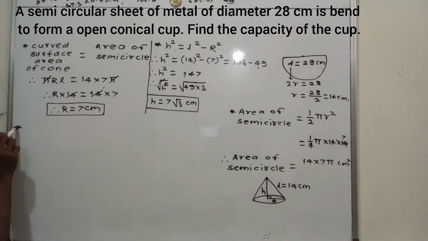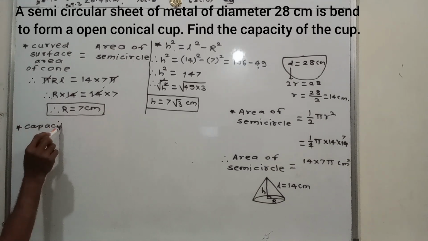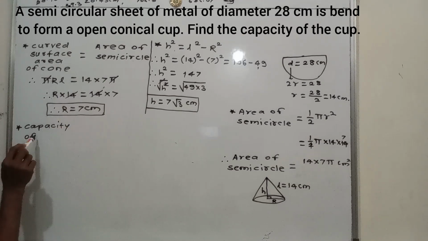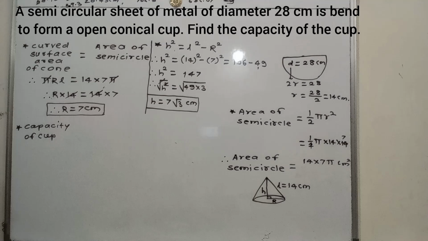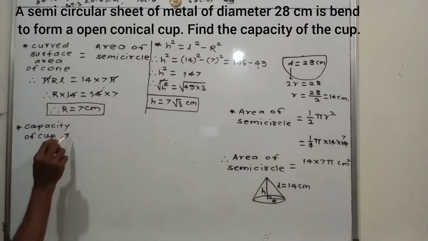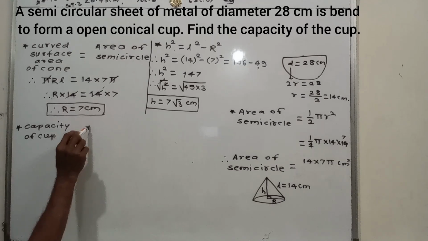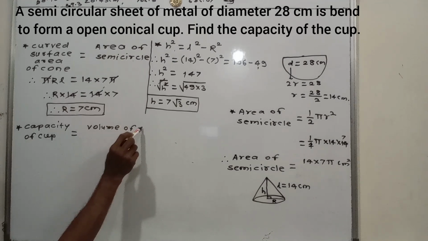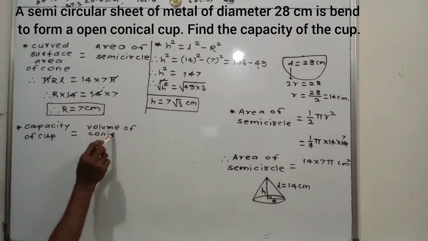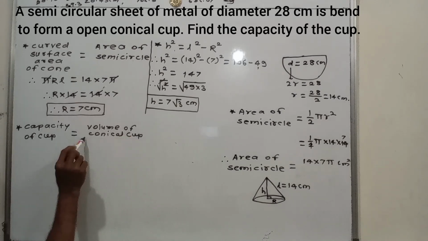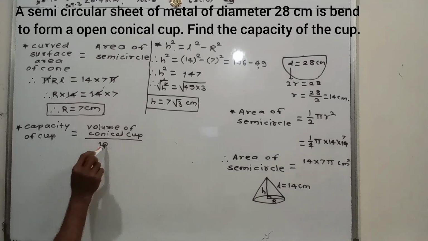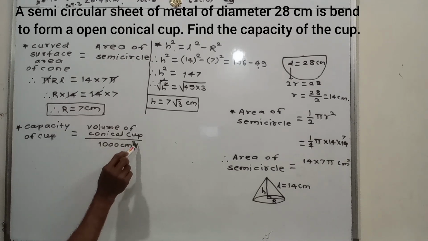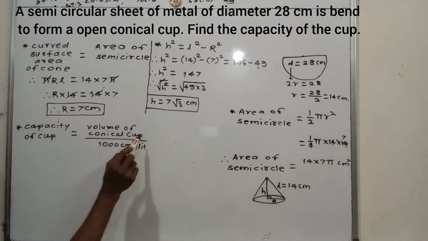Then the last one, that is the capacity of the cup. Capacity of the conical cup is equal to the volume of that conical cup upon 1000 centimeter cube per liter.